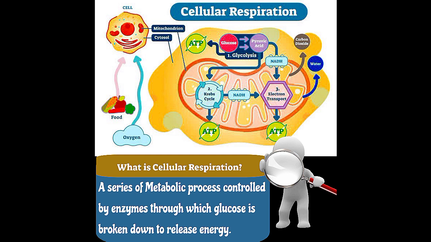So when food is being digested, the glucose enters into each of the cells, and the cells carry out cellular respiration to convert this glucose into chemical energy in form of adenosine triphosphate, ATP. There are two forms or types of cellular respiration. We have the anaerobic respiration and the aerobic respiration.